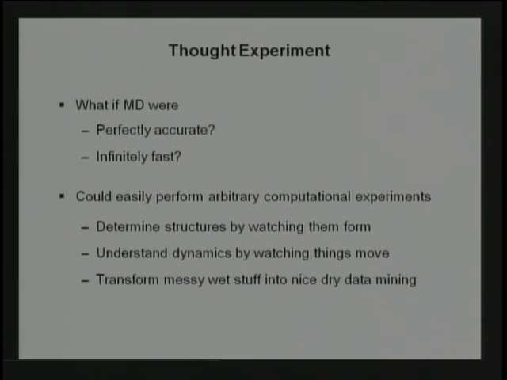Well, again, from a computer science viewpoint, you could do arbitrary computational experiments to model reality, and that gets you out of the world of having to do these messy wet lab experiments and into a world where what you've got is a process of data analysis, which is very, very hard to do with large amounts of data, but it's kind of comforting to know that the information is there and you can find it, and if you can analyze it, you can get the information you wanted.